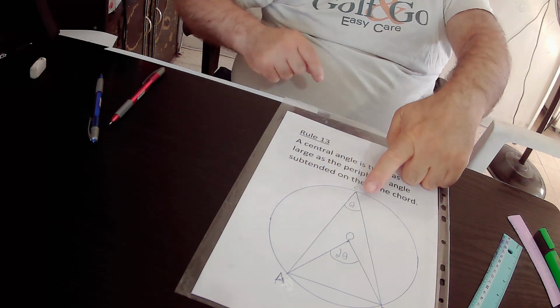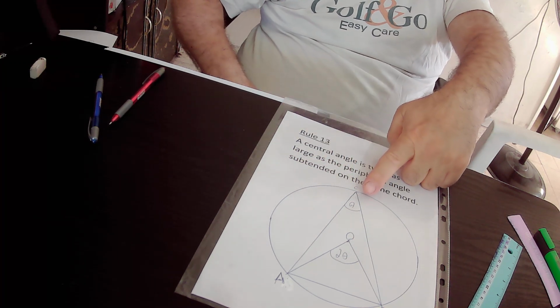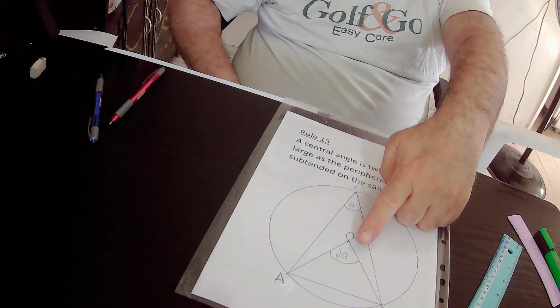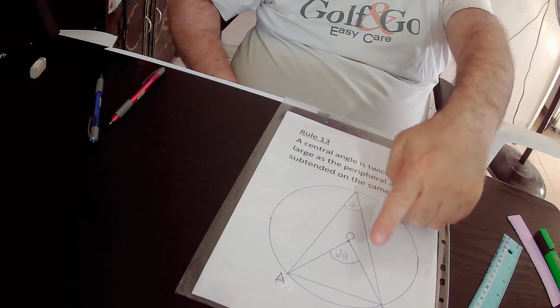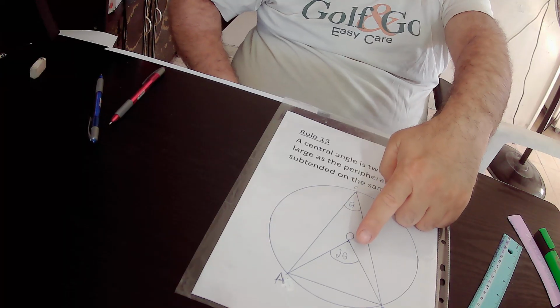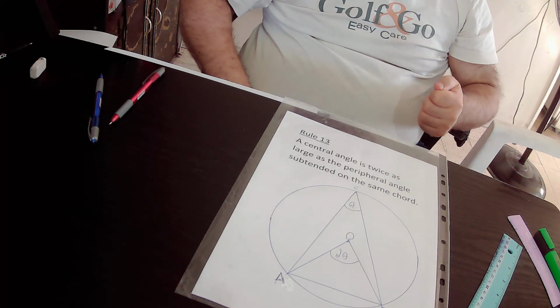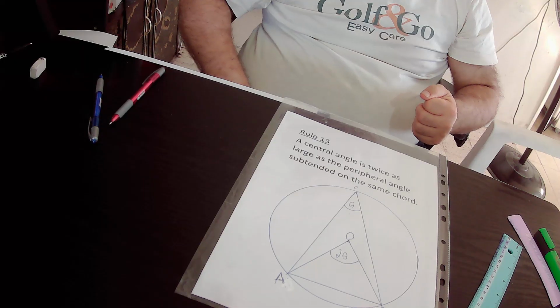The size of the peripheral angle ACB is theta, and therefore the size of the central angle AOB will be equal to 2 theta.